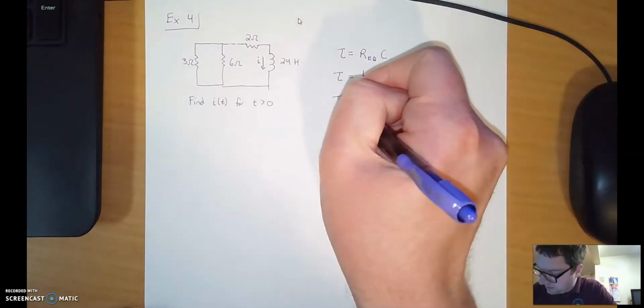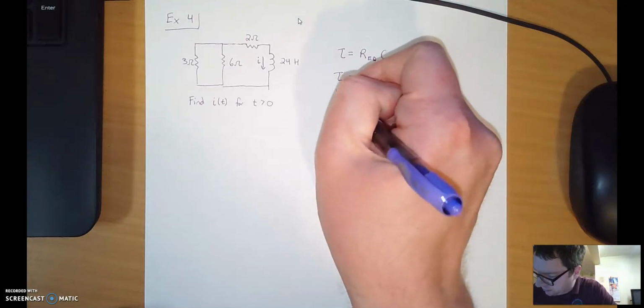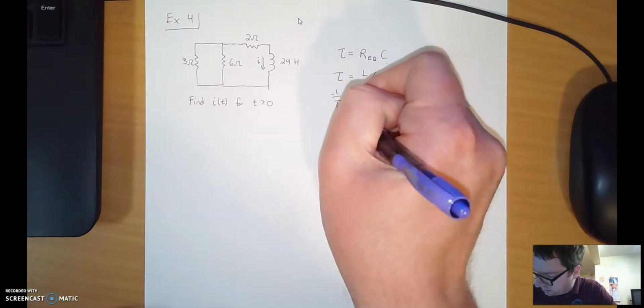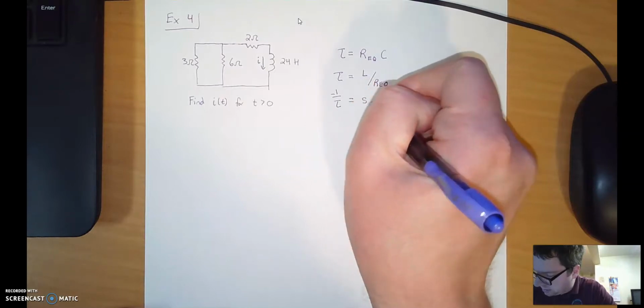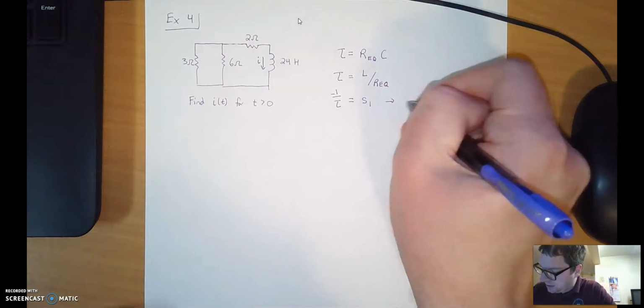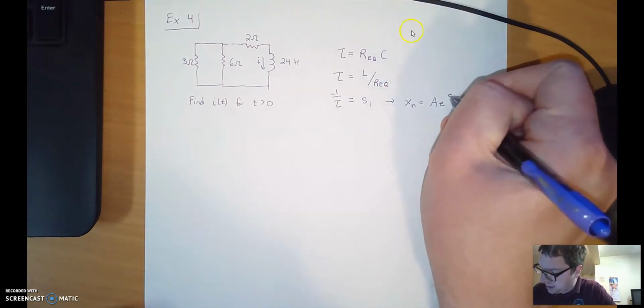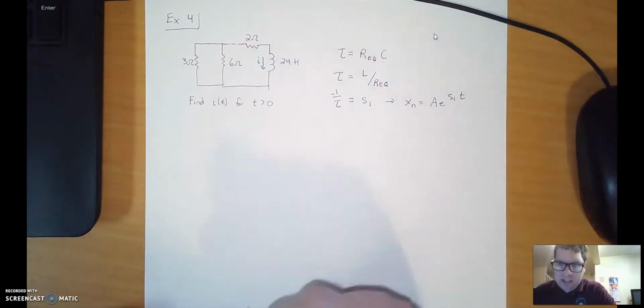And if negative 1 over tau is equal to S1, which has been in our equation, x natural equal to A e to the S1 t. So that's where the relationship is.